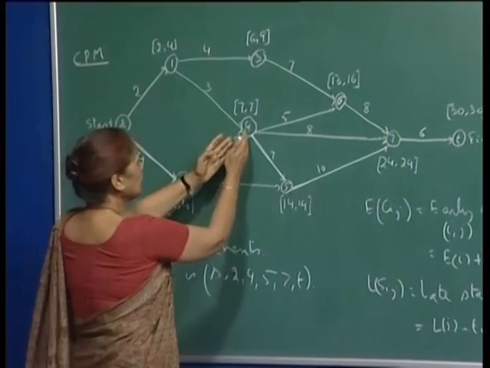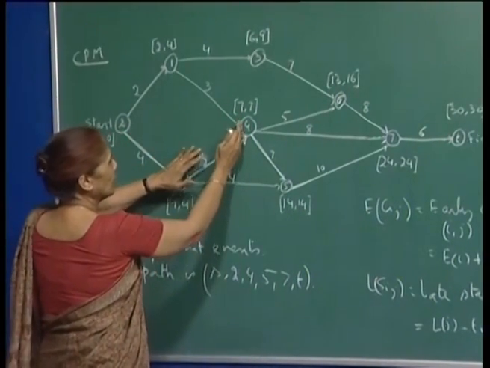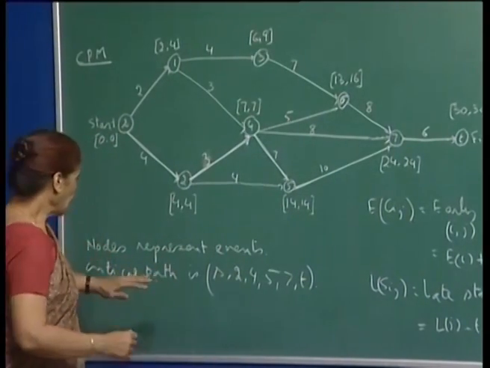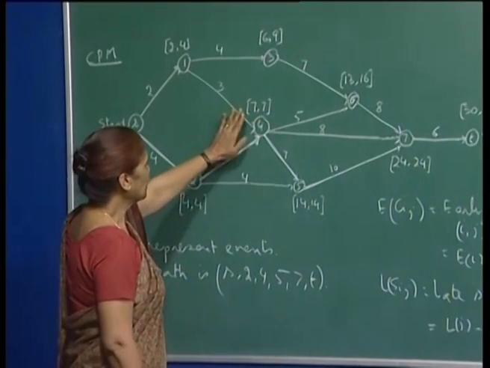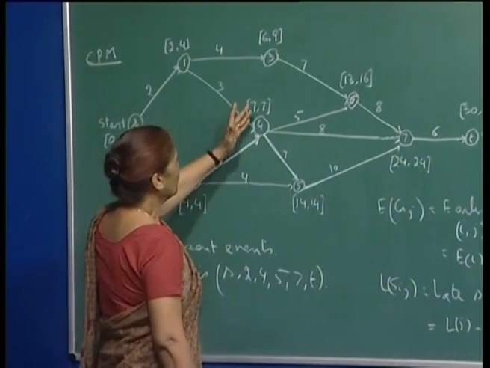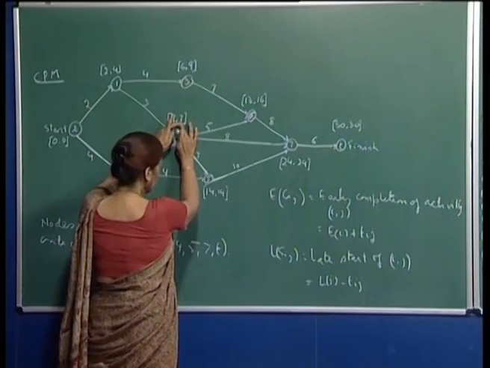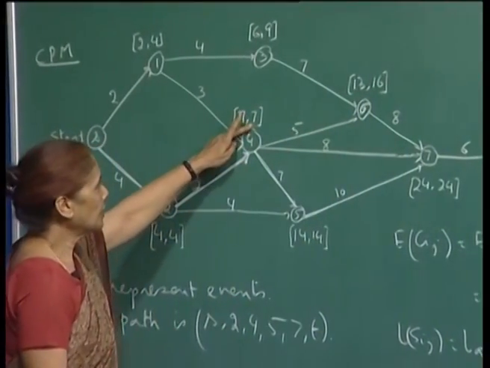So, in a sense node 4 indicates the completion of all these 4 activities. So, nodes represent events. And then we computed the early starts and late starts. For example, this tells you that you must not reach here later than 7, because it is a late start, and if you delay this number here, then the successive activities will get delayed.